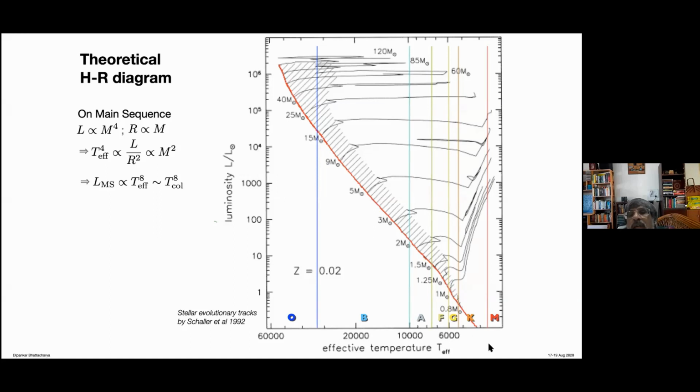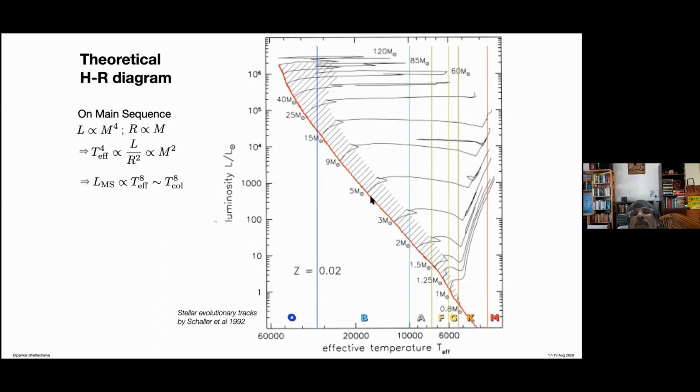If you plot effective temperature now, going from right to left, this is the theoretical Hertzsprung-Russell diagram. And luminosity, as you compute from this calculation, on the vertical axis. So you get a steeply rising curve of luminosity as a function of temperature on the main sequence. And this red line gives you the main sequence.